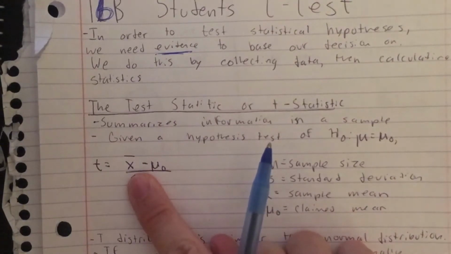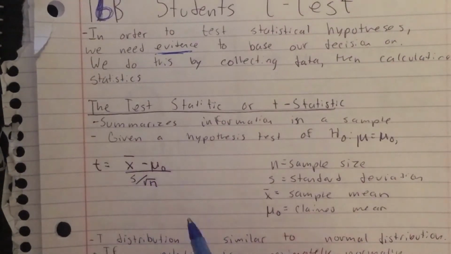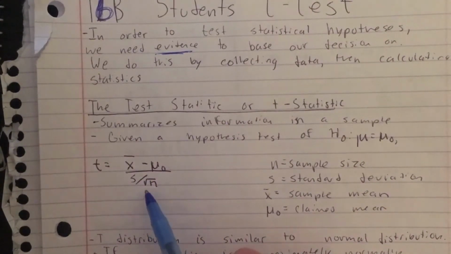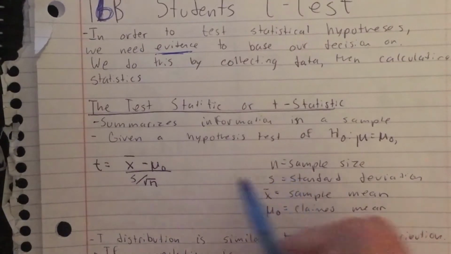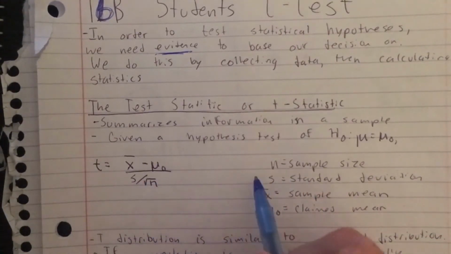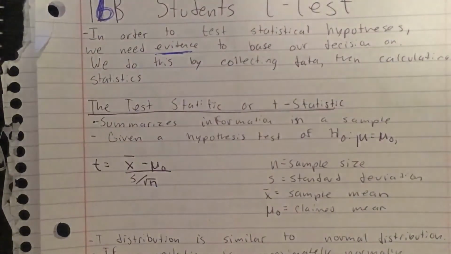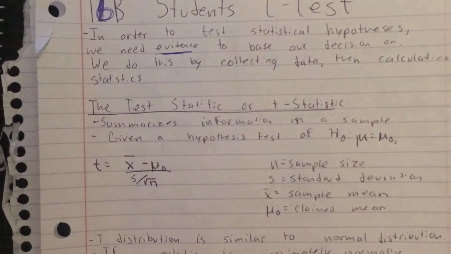If the null hypothesis is not true, there might be a little bit of distance between them. Then we're going to divide that by the standard error, and you calculate the standard error by doing the standard deviation divided by the square root of the sample size. Now, when we calculate T for class, we are largely going to be calculating it using a calculator, but it is important to recognize where this is coming from.